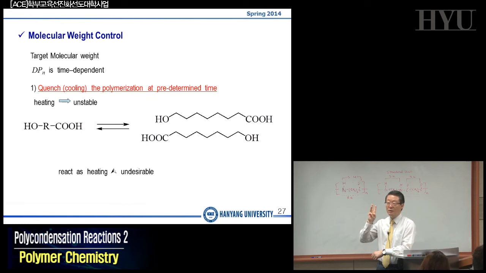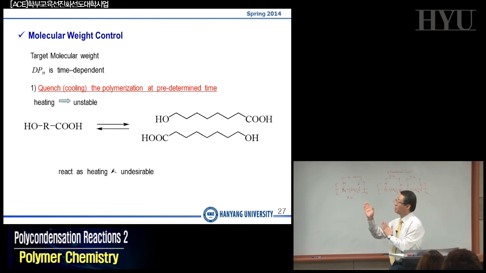The third requirement is monomer purity, which is very important. And the fourth requirement is about stoichiometry. So I would like to come back to this issue.